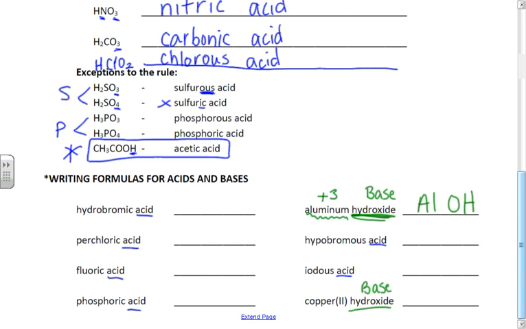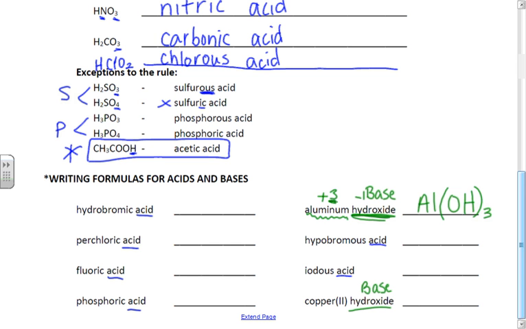So if we have 3 for our charge there, hydroxide only has a charge of -1. So that means that we have to take this charge, and that's going to become the subscript on our hydroxide. We have to have 3 -1 hydroxides to balance out the +3 on the aluminum.